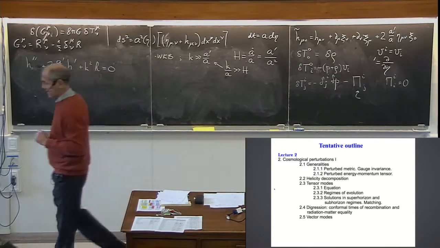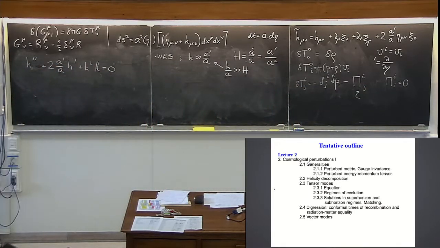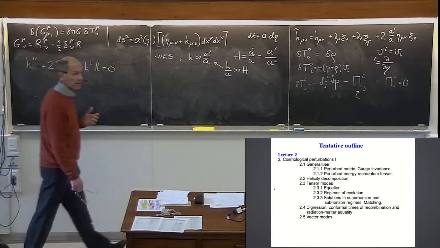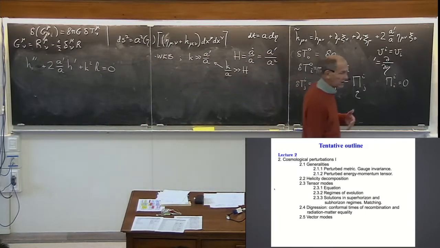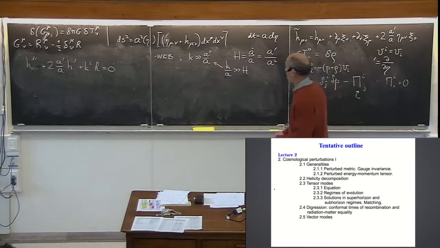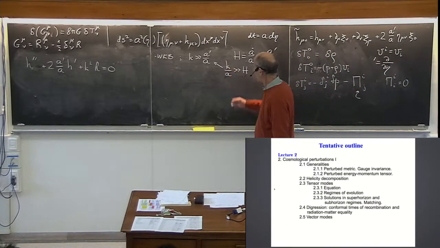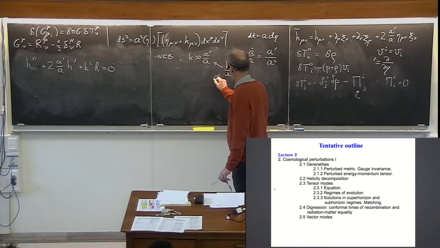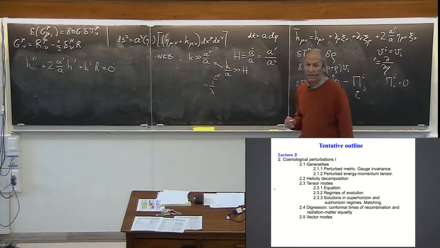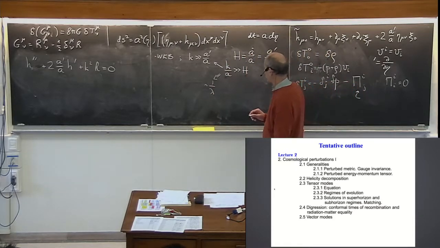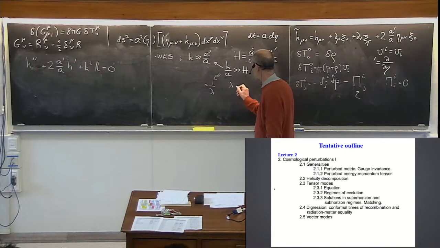In other words, the gravitational waves behave more or less in the same fashion as in flat space, with slowly decreasing amplitude. Remember, this thing here is roughly 1 over λ, where λ is the physical wavelength, modulo 2π. So this relation can be rewritten as λ should be much smaller than H⁻¹.